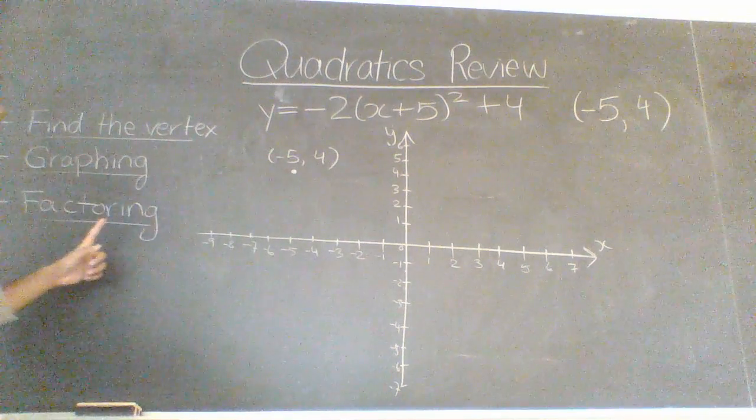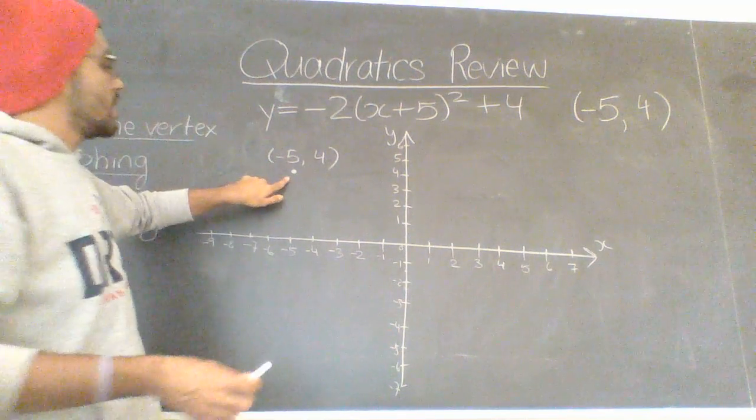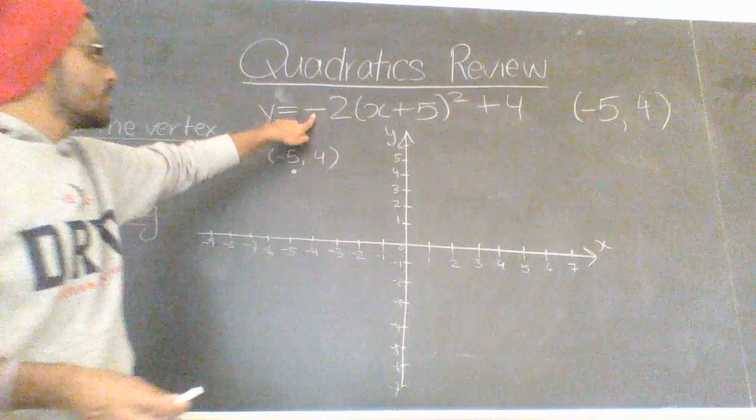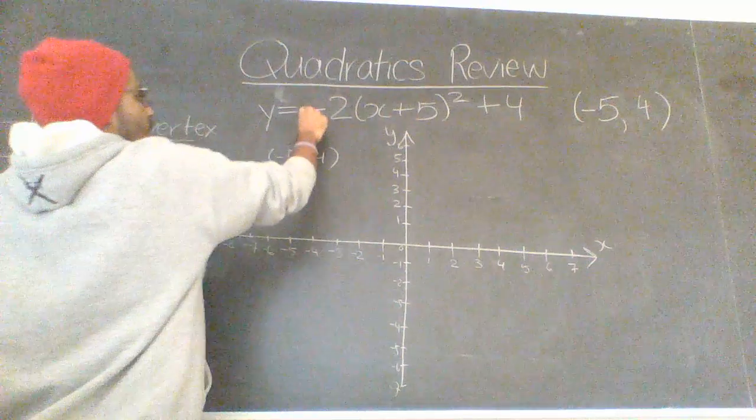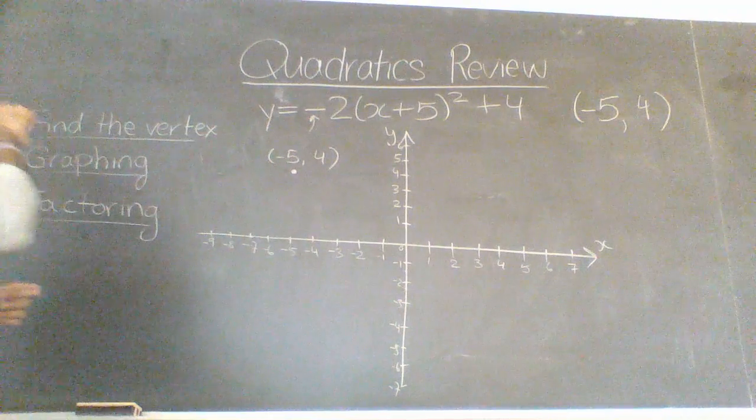We're not starting at the origin. We're starting at the point -5, 4, and we're going down, not up. The reason we're going down is because of this negative sign right here.